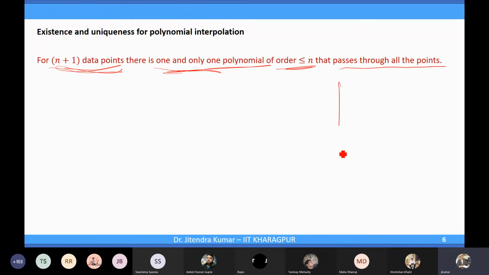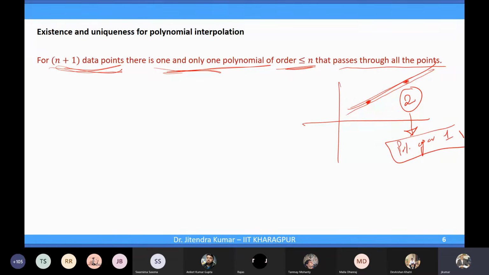It is simple to remember: for instance, if you have 2 points, what will be the unique polynomial which passes through them? That will be the straight line. So if 2 points are given, then you have a polynomial of order 1.